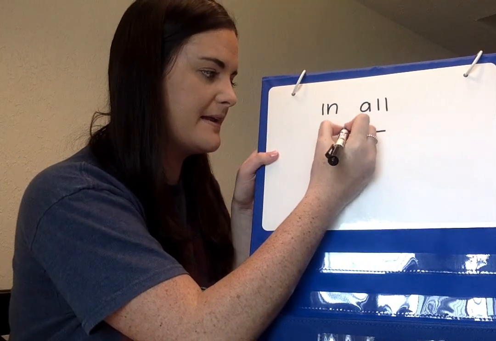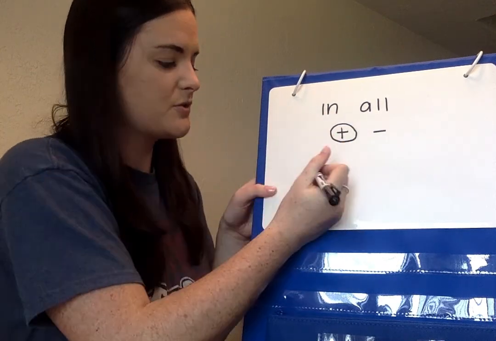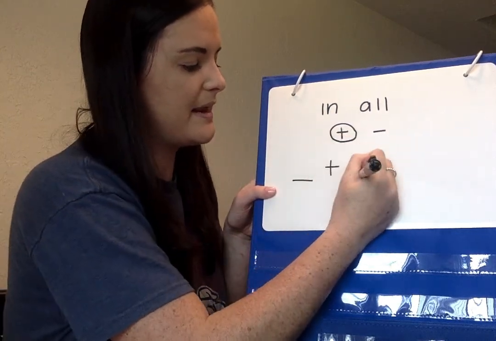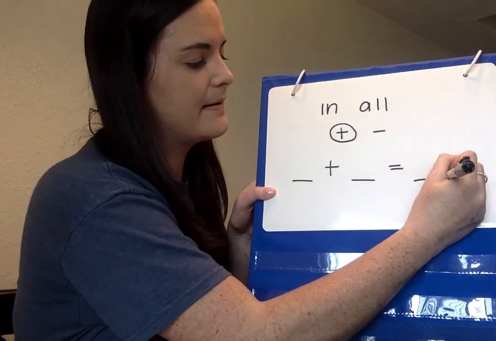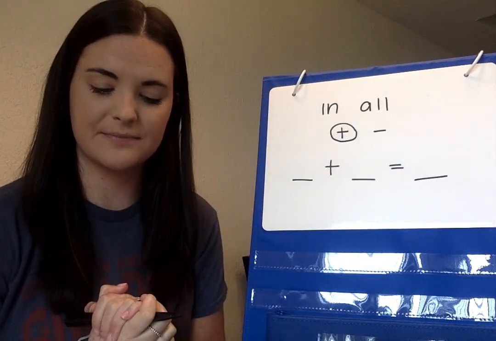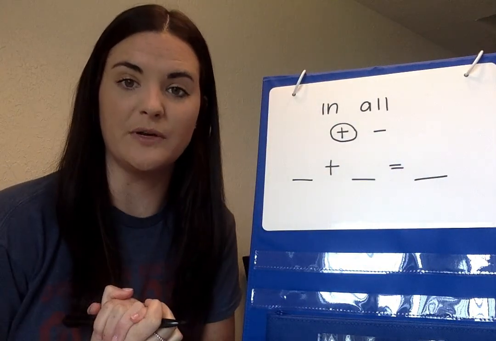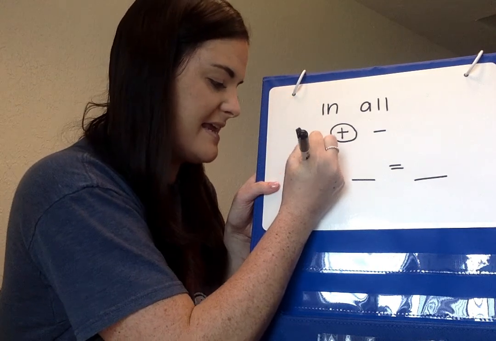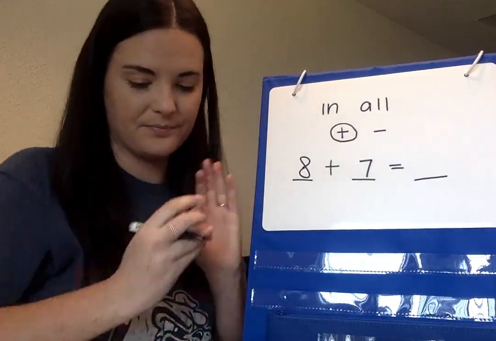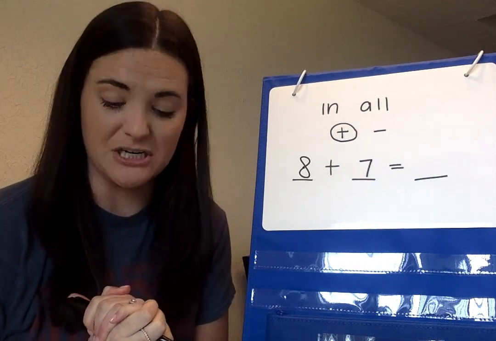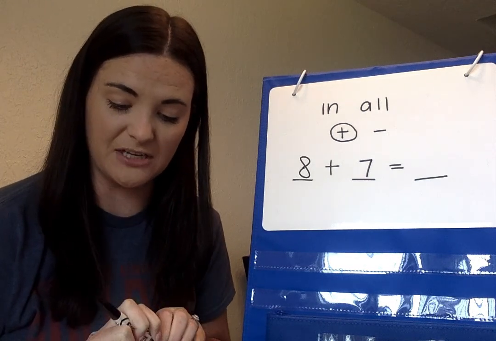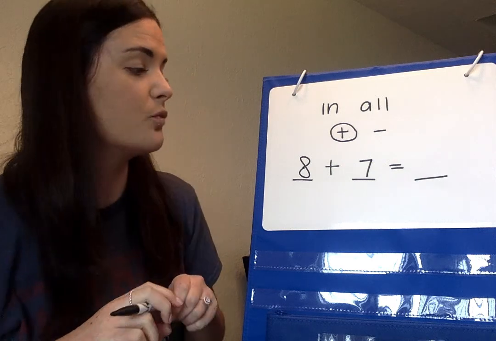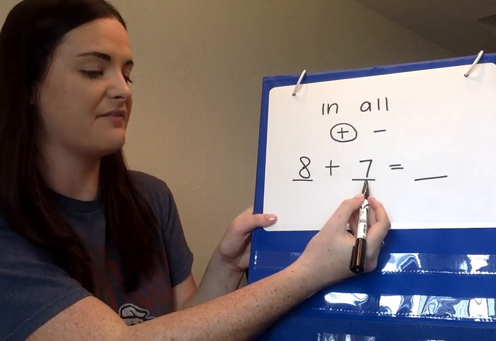You're right. Addition. So we are going to make an addition sentence. What 2 addends are we going to add together? Great. 8 and 7. They are counting shells. How many shells did they find in all? So we are doing 8 plus 7.